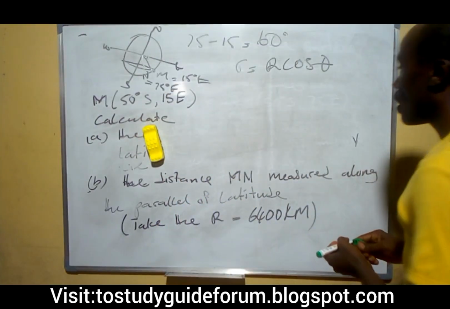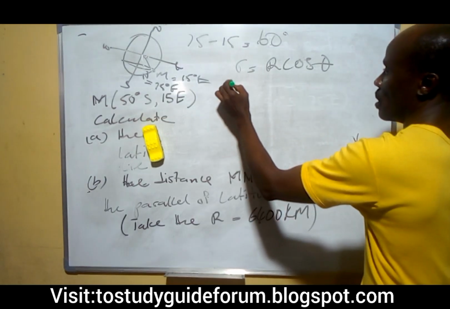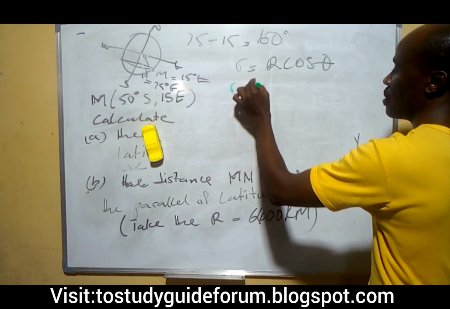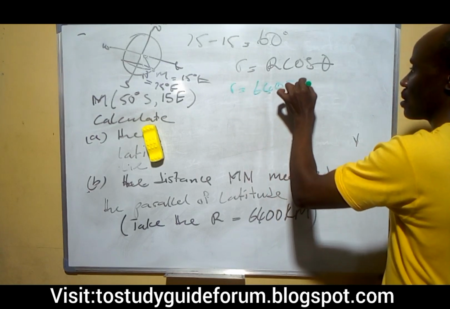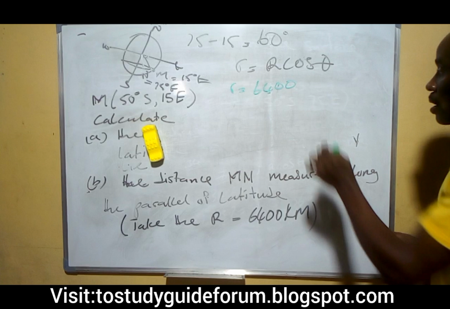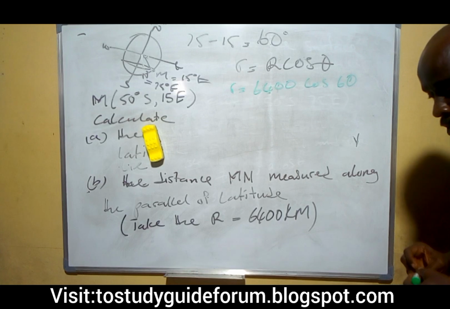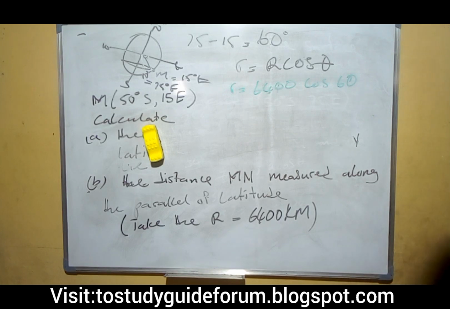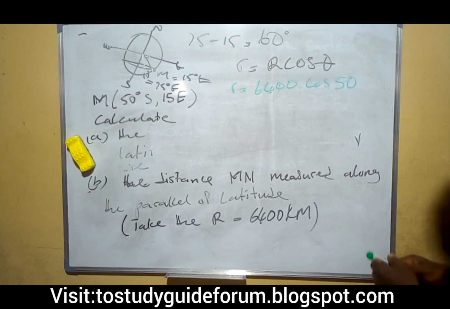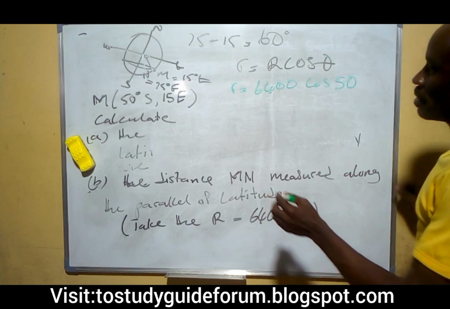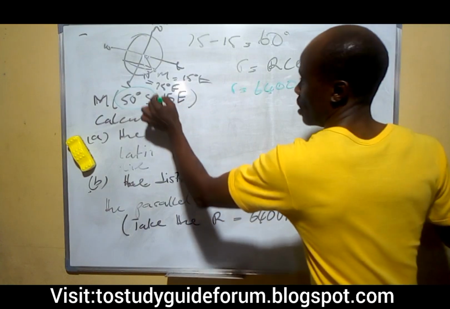Here, the angle is actually 50 degrees, because this is our latitude, and this other one is the longitude.